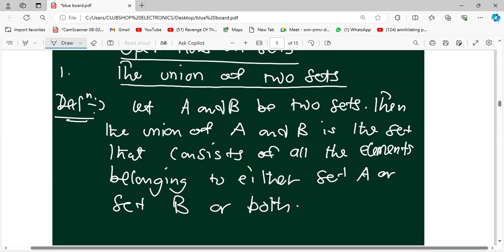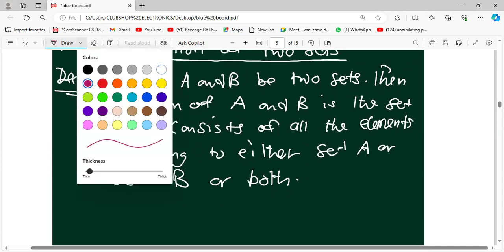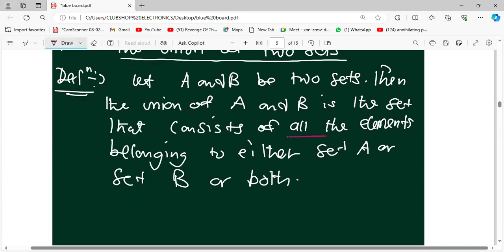That is the union of a set. We are talking about a set of elements that contains all, the keyword is all, the elements belonging to either A or B or both, all right?